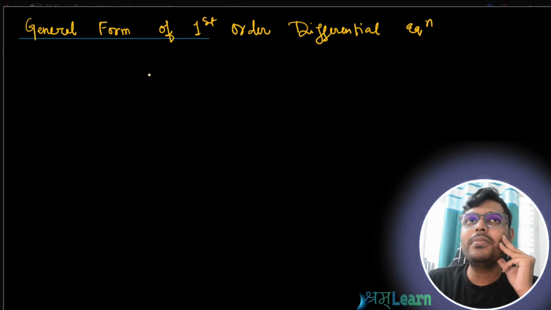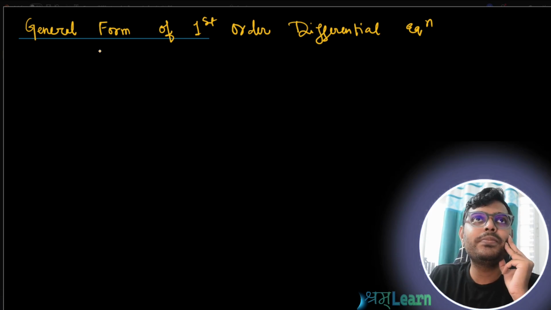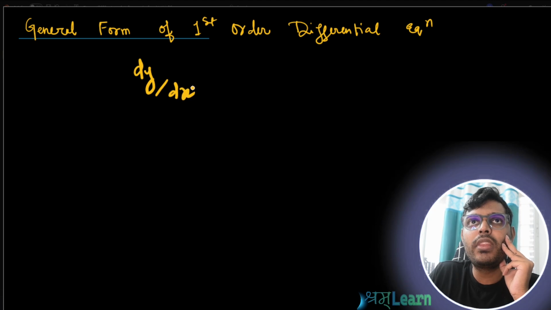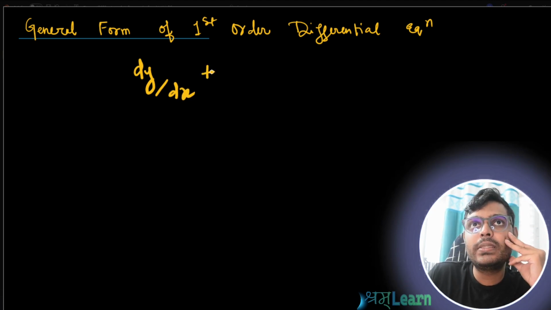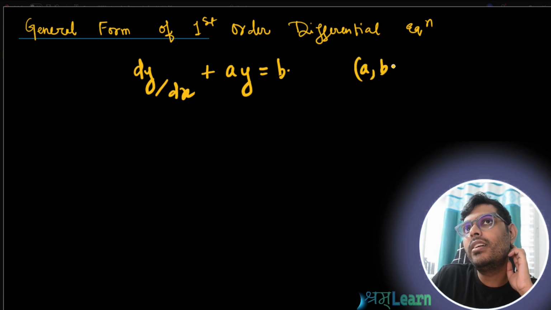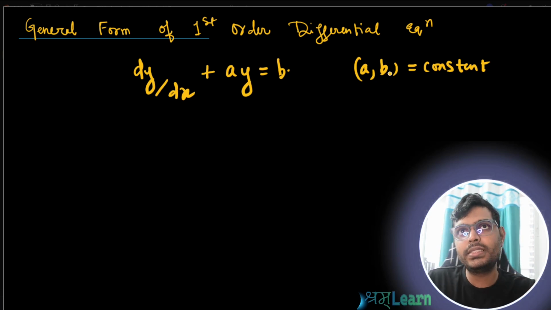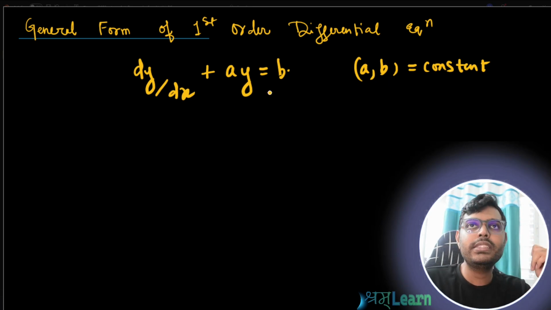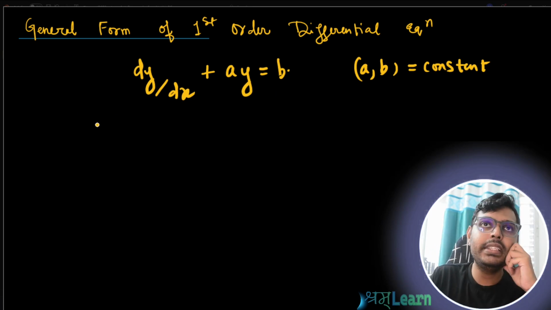If you remember, we might have studied the constant coefficient differential equation of this form: dy by dx plus ay is equal to b. Okay, so a, b are constants, right? They are some real number constants. Okay, and we can find the solution using the integrating factor.